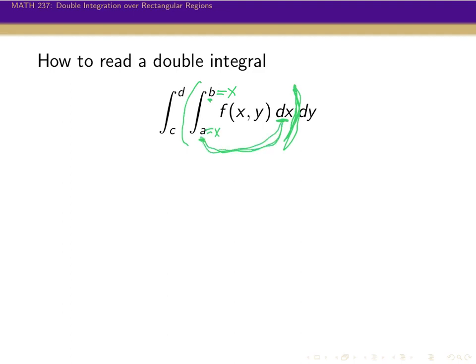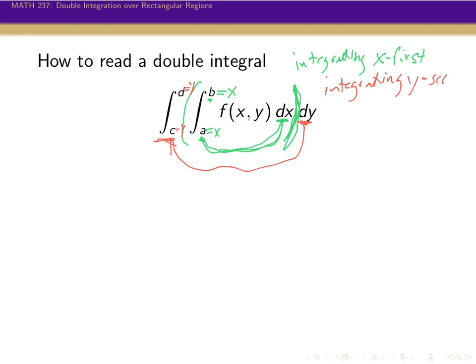So the inside ones go together, and so then this is saying that we're integrating x first. And then after we integrate x, then we're integrating in terms of y, and these outer bounds match with the outer measure, the outer dy. And so these bounds are in terms of y. So the y values are going from c to d. And so then we're integrating y second.